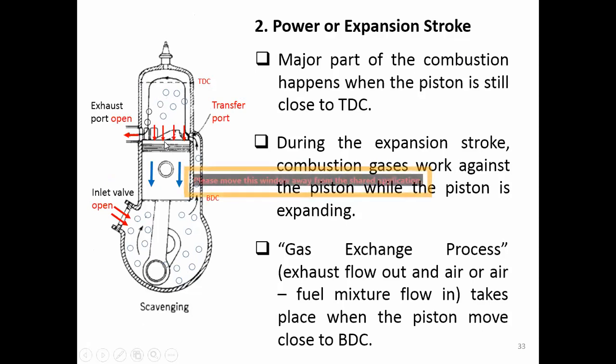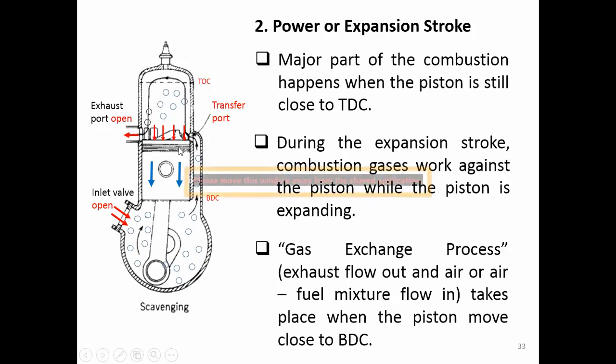So when the piston goes down, the exhaust port opens. This will allow the exhaust gas to flow out. And at the same time, the transfer port opens. This will allow the air or the air-fuel mixture to flow in. So the flow out and the flow in happen at the same time.